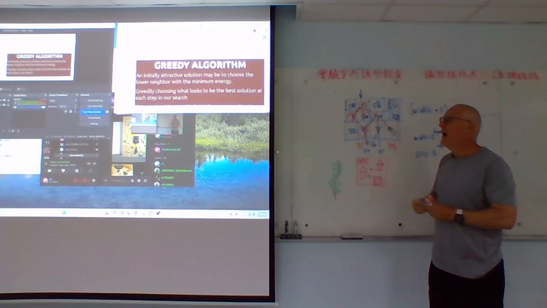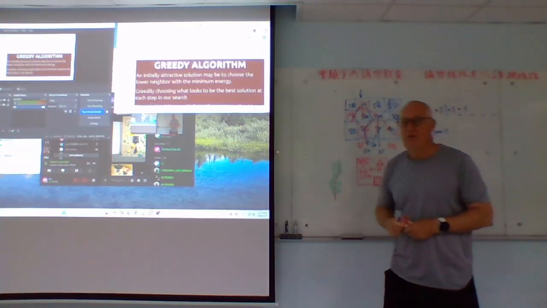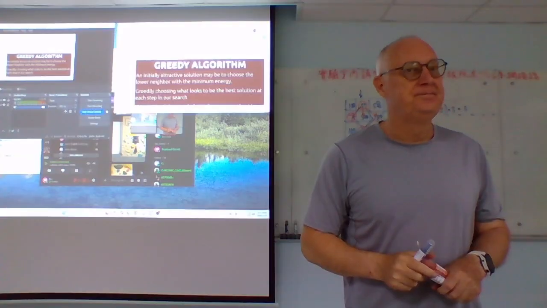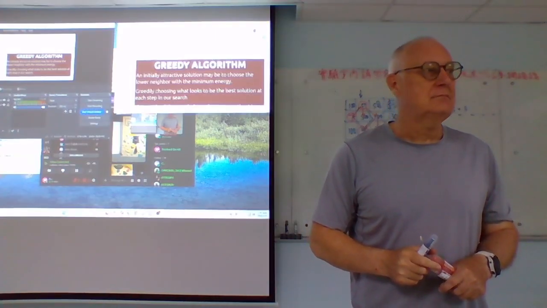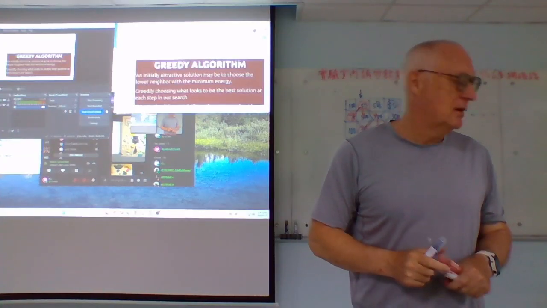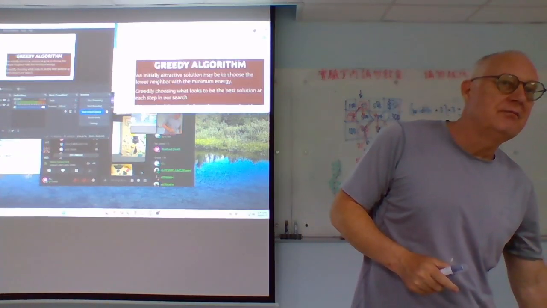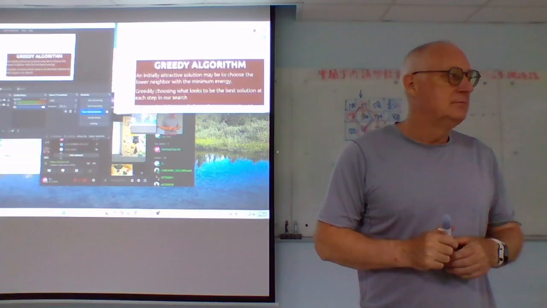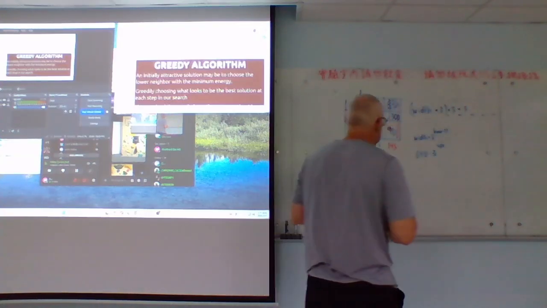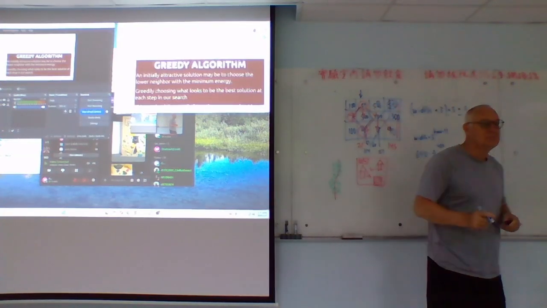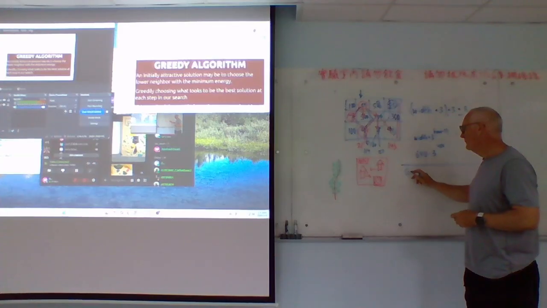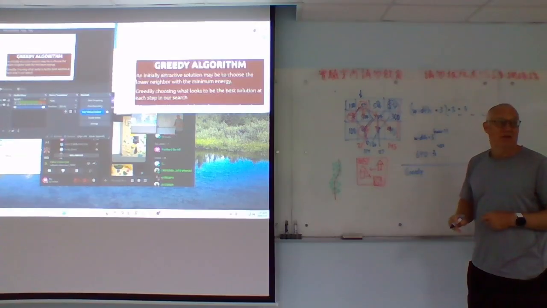Right? So now our greedy algorithm runs very fast. The expected runtime would be, what would be the complexity of that algorithm? How many pixels do I need to look at for the greedy algorithm?